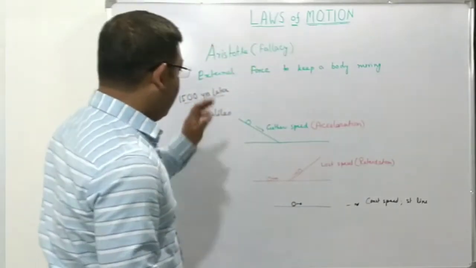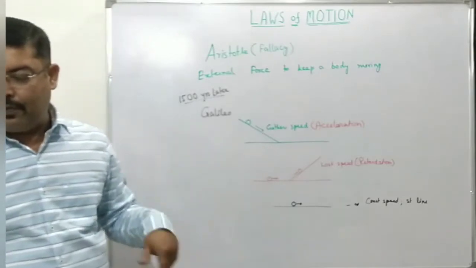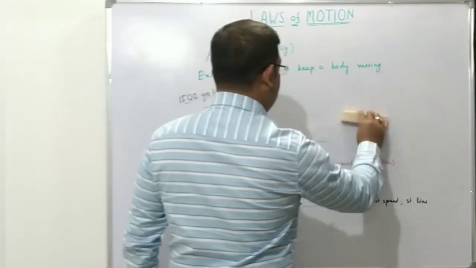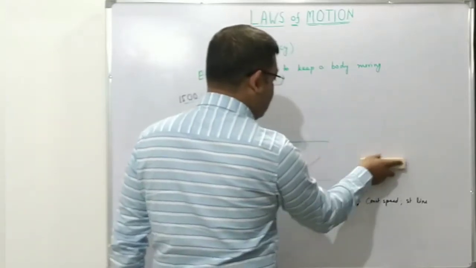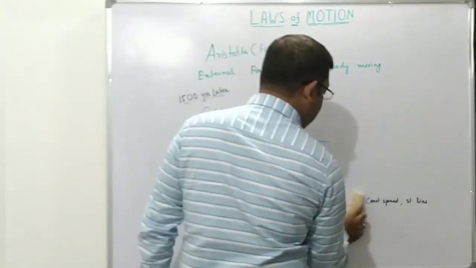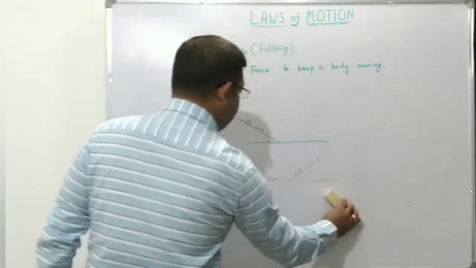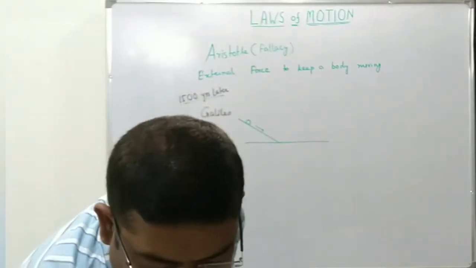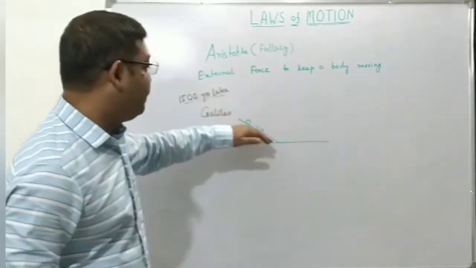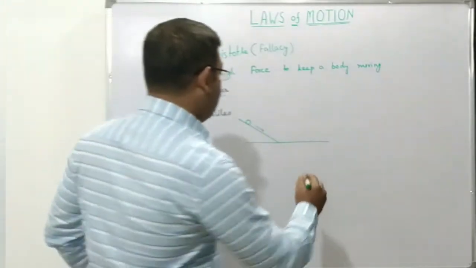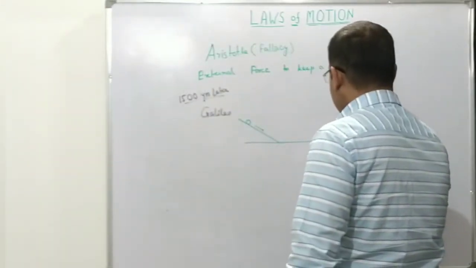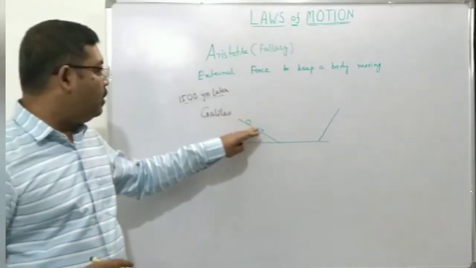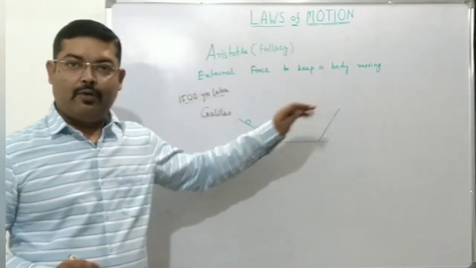Now, after performing this experiment, Galileo performed a further experiment. In this case, he took two different inclines instead of a single incline. He allowed the object to move down one incline, and then put another incline here, and tried to measure how far up the incline it would go.